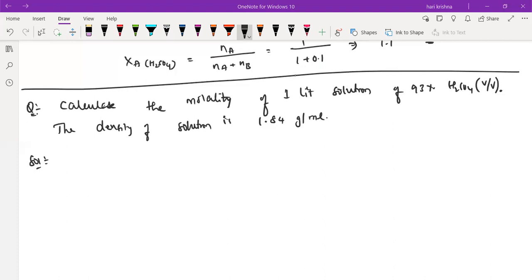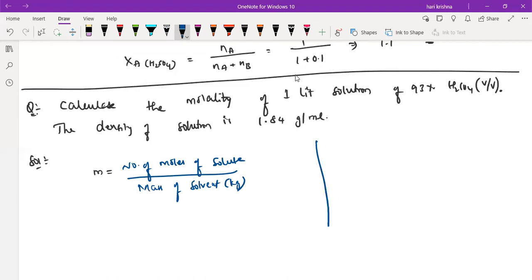Molality is equal to number of moles of solute by mass of the solvent in kgs. Yeah, reply like that.